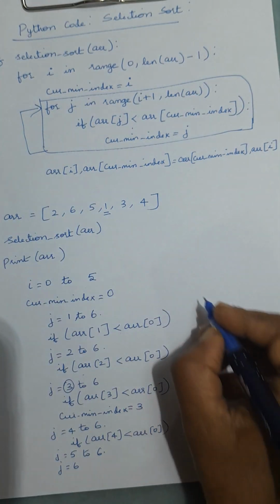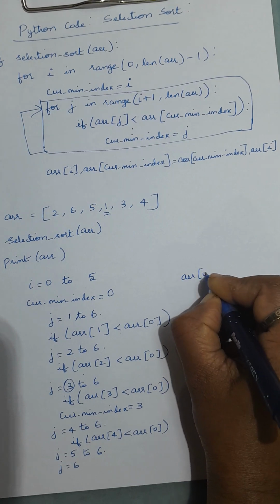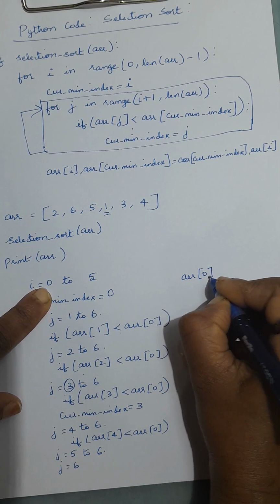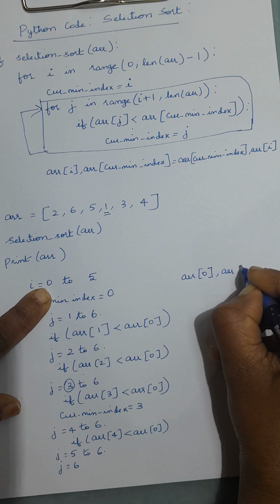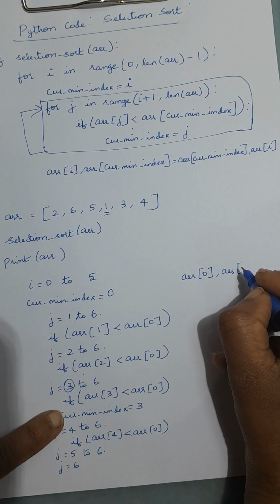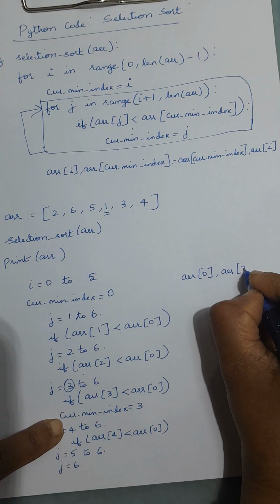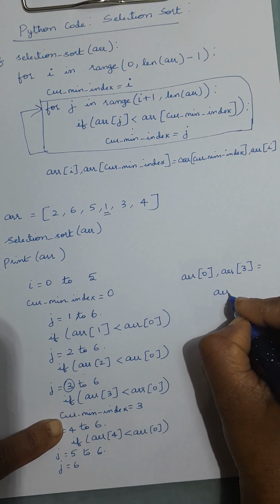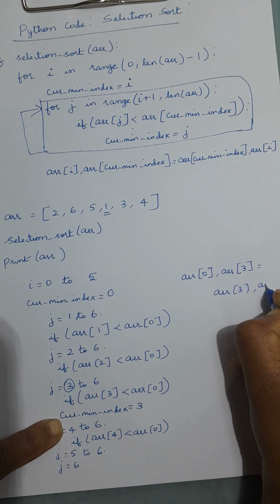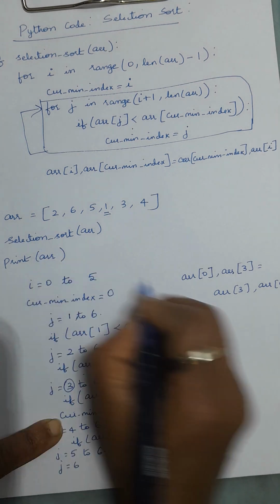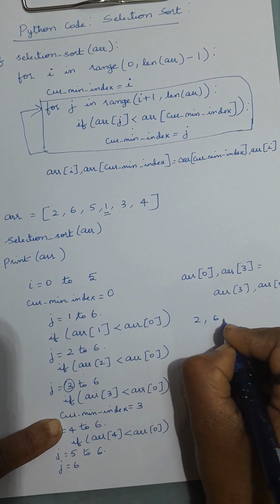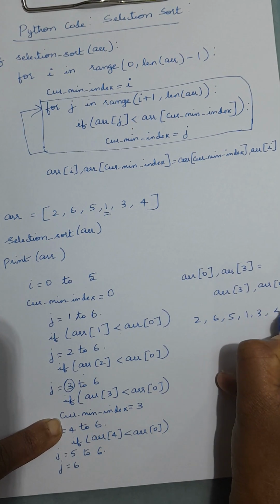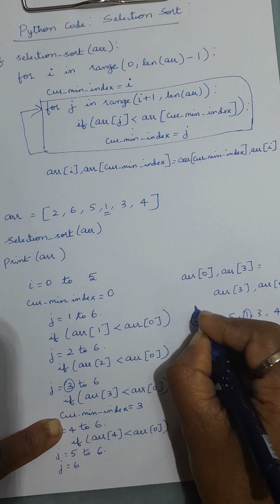Array of i. What is array of i? i value is 0, array of 0, comma, array of current minimum index, which is 3, with array of 3, comma, array of 0. Now the values 2, 6, 5, 1, 3 and 4, which means these are the two index values.